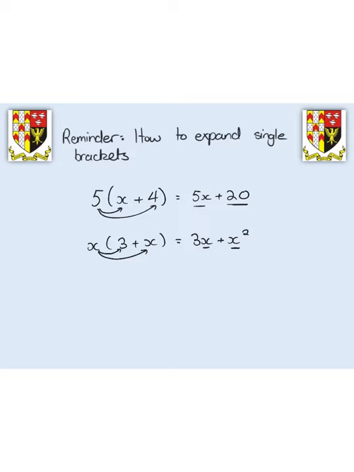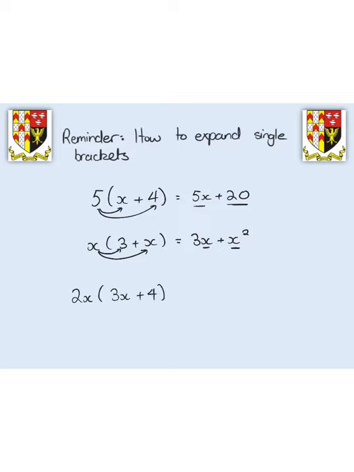Because x has multiplied both of those terms in the brackets, afterwards both terms have an x in them. The last type that we were looking at before, we could have x's and y's and numbers on the outside, but we'll keep it simple for the moment. So if we had 2x on the outside, and on the inside let's have 3x plus 4.